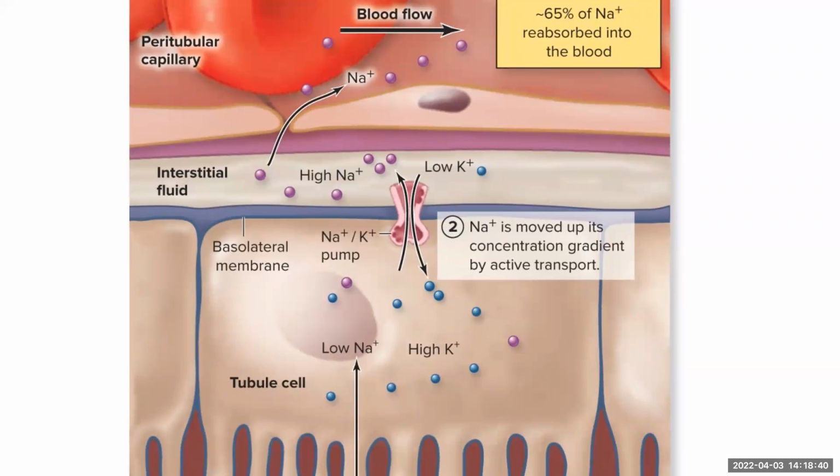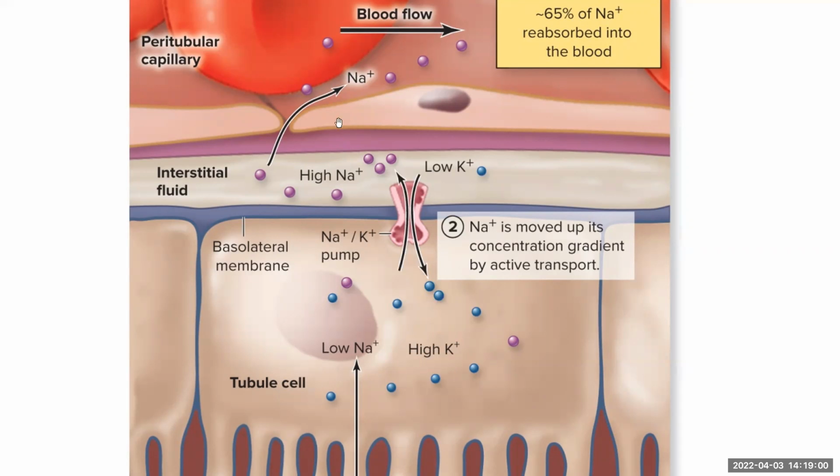That is going to be our active transport, so it is going to move up against its concentration gradient. While sodium is being pumped out, we're going to pump in potassium. We've seen this before. So potassium, as we know, banana floating in the ocean, has a high concentration inside the cell.